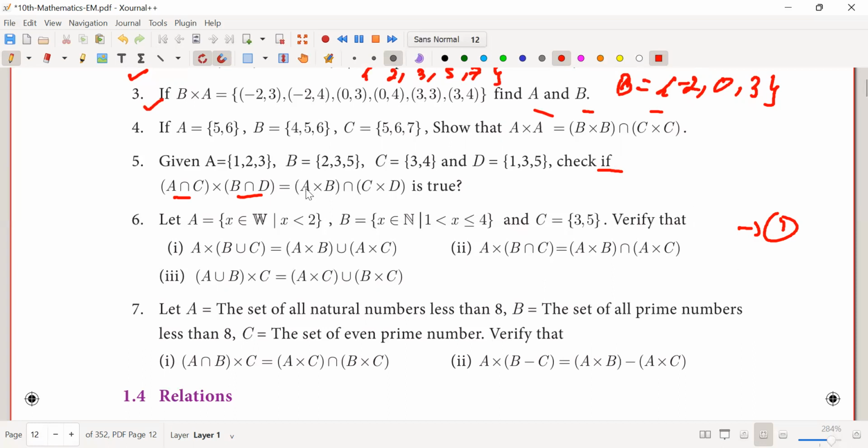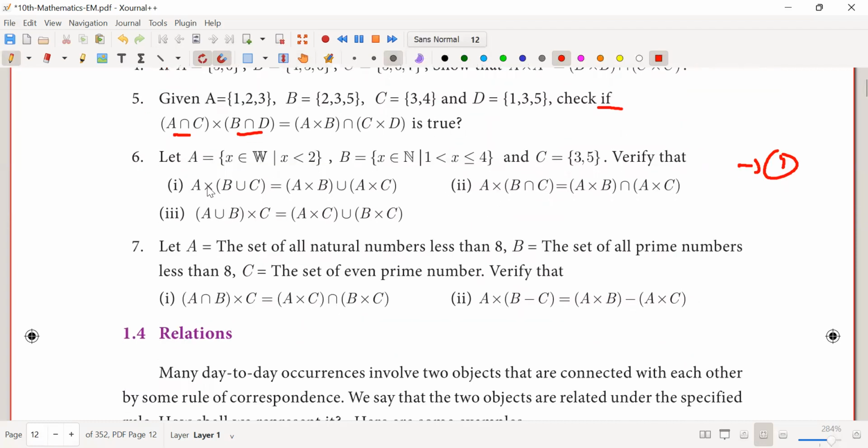Then here A cross B: (1,2), (1,3), (1,5), (2,2), (2,3), (2,5), (3,2), (3,3), (3,5). C cross D: (3,1), (3,3), (3,5), (4,1), (4,3), (4,5). And automatically you would be getting the result.